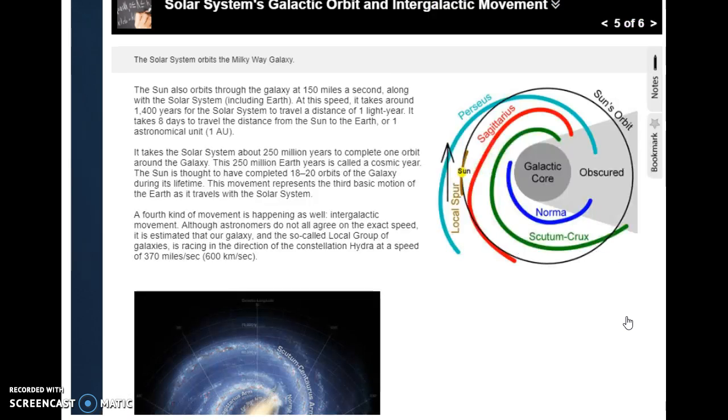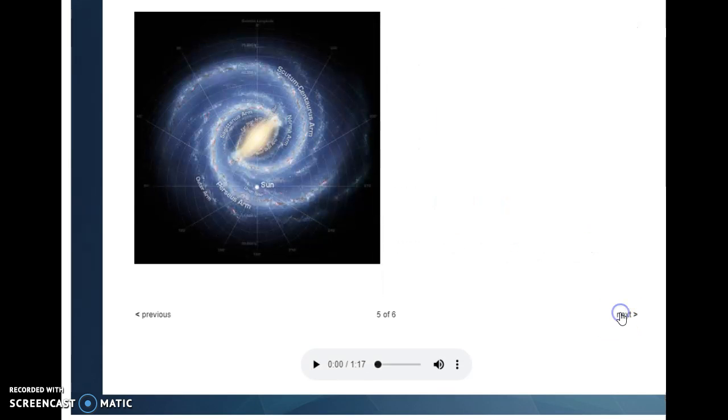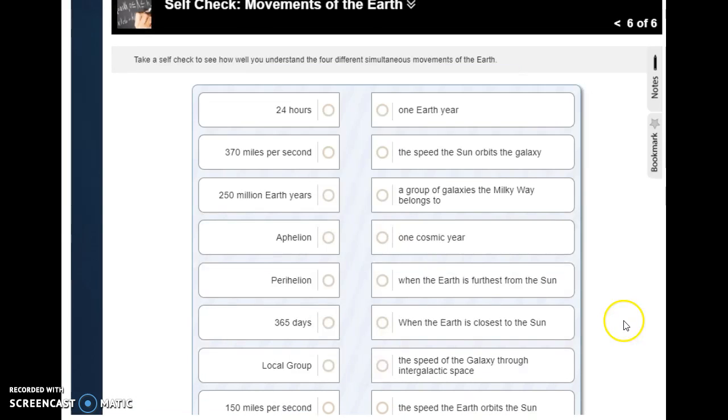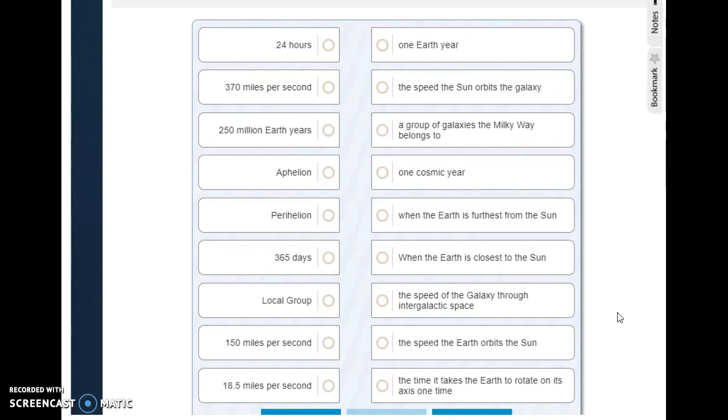One, it's a great practice in terms of assessing if you understood the lesson correctly, but also if you had some confusion, this clarifies your confusion. So when we're talking about 24 hours, we are talking about Earth's rotation on its axis.